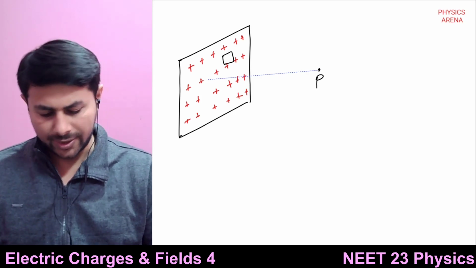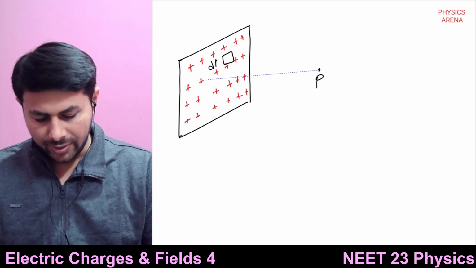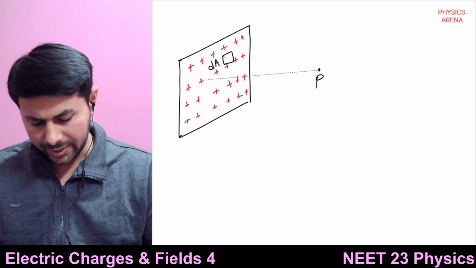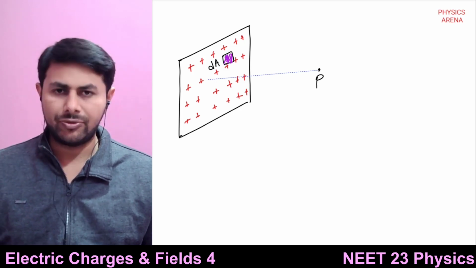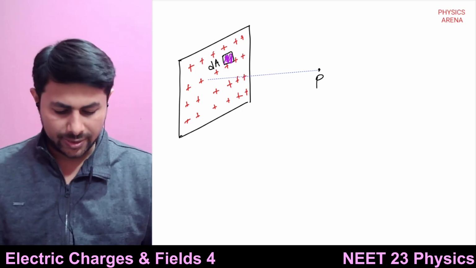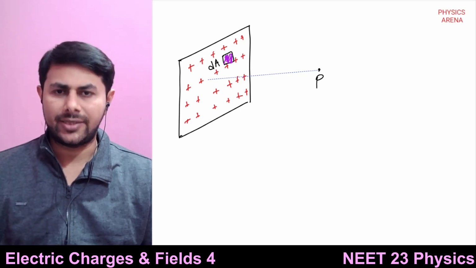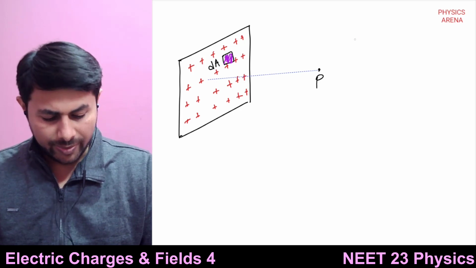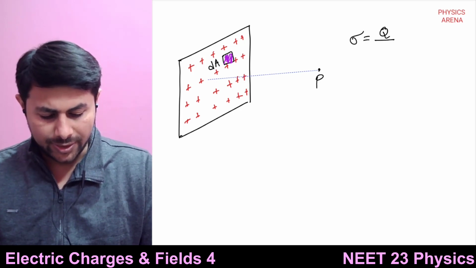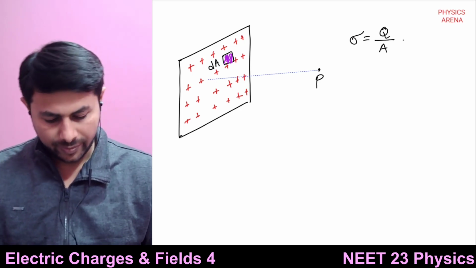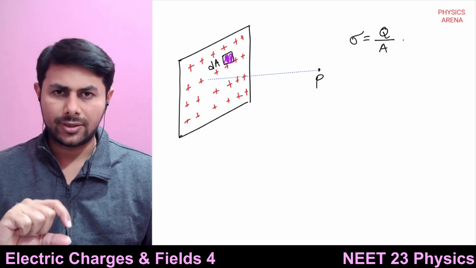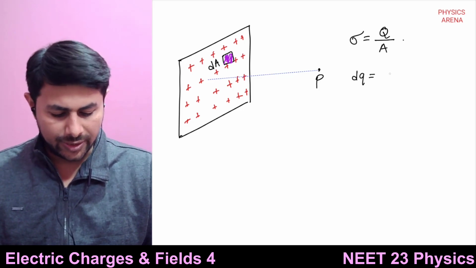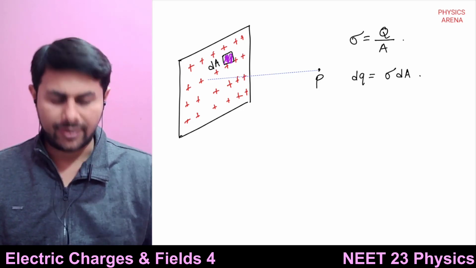Let's suppose this much section, which has area dA, and then it will have some charge, which we know will define the surface charge density. Sigma equals charge upon surface area. Then charge on this small section dq is equal to sigma multiplied by dA.